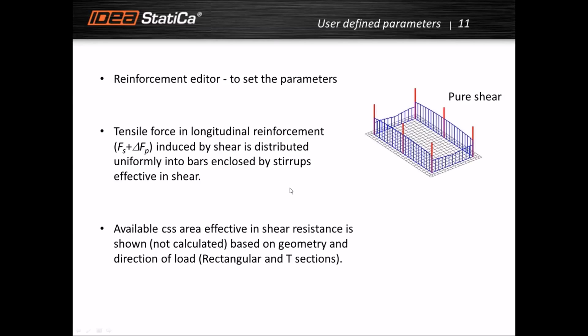Some users ask why we do it. Actually, we did it intuitively because when we derived the formulas for the variable angle truss model, we assumed that it is similar to a wall, and if there was reinforcement across the depth of the section, this reinforcement is enclosed by stirrups effective in shear, so we should definitely use this reinforcement.